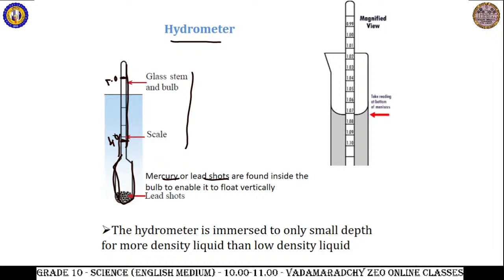If the hydrometer is immersed to a large depth in a liquid, we can say the density of the liquid is low. In higher density liquids, the hydrometer is immersed only a small depth, while in low density liquids, the hydrometer is immersed more.